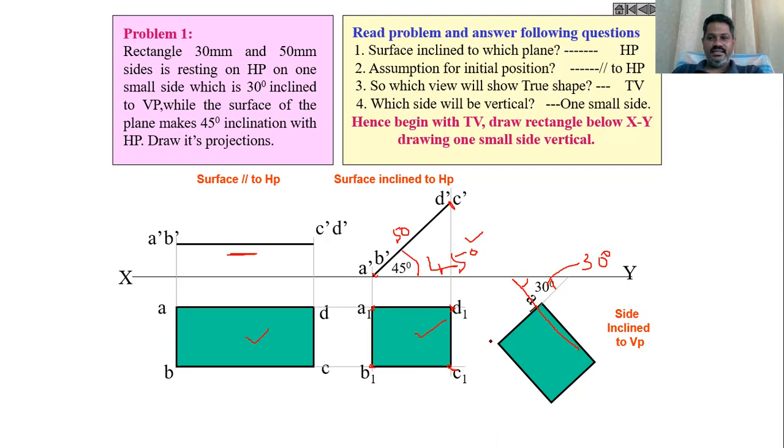That is the concept, because exactly this shape needs to be twisted to 30 degrees. We will get the same shape as when the plane is making 45 degrees, but it is making 30 degrees with the vertical.